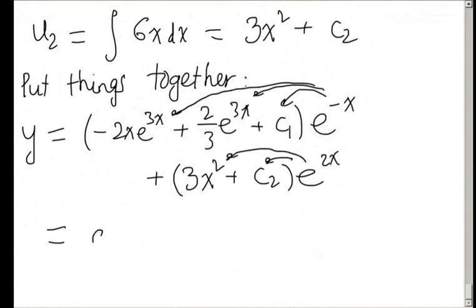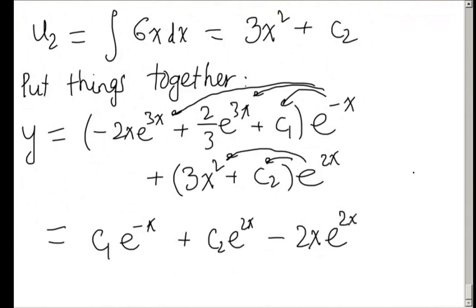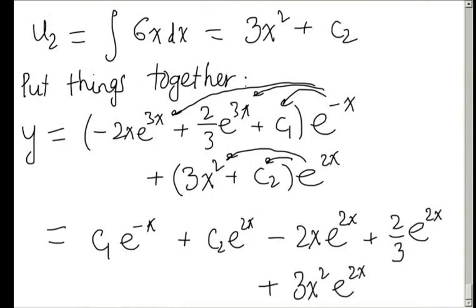So first we distribute, we have c1 e to the negative x, and then c2 e to the 2x, plus what is left here. Distribute the e to the negative x in and cancel things. We have minus 2x e to the 3x times e to the negative x gives us e to the 2x. And similarly over here we have 2/3 e to the 3x times e to the negative x to get e to the 2x, plus 3x squared e to the 2x.